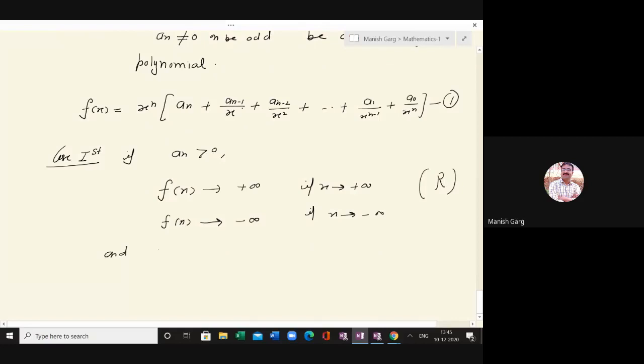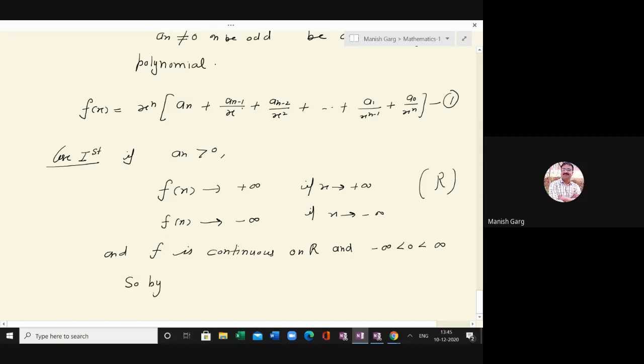And f is continuous, because this is a polynomial. Minus infinity is less than 0, which is less than infinity, so 0 will lie between.